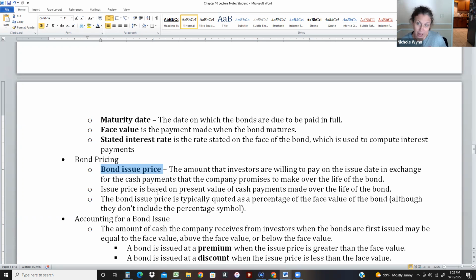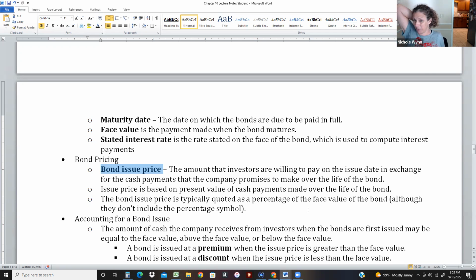But if other bonds of similar risk were paying 9% interest, you would not want my bond, because you could get 9% elsewhere. The only way I could get you to buy my bond is if I discount it. Discounting is when you sell it for less than its face value. So maybe you'd say, I'm not investing in you, you're only paying 8, I can get 9 elsewhere.